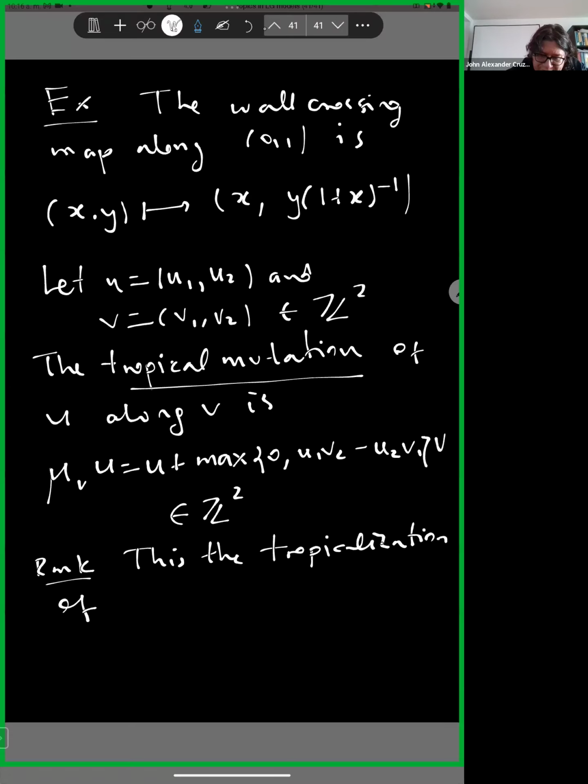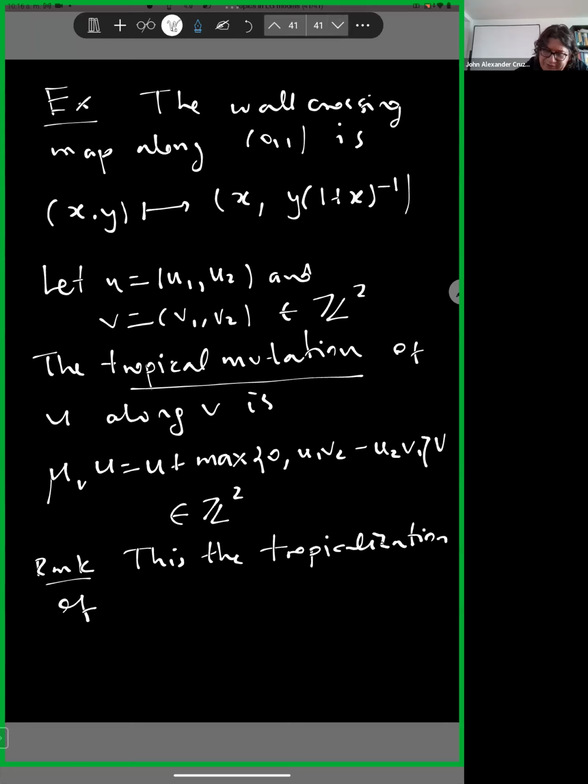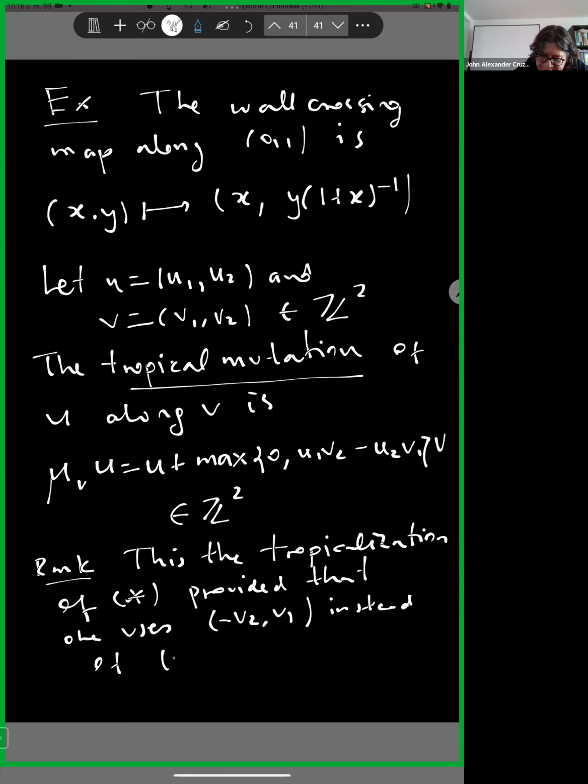So let me put some name to this map here. Let me call it this asterisk. It's actually the tropicalization of this map, provided that we change it a little bit, provided one uses minus b2 b1 instead of b1 b2.